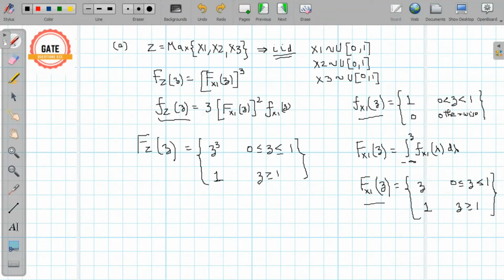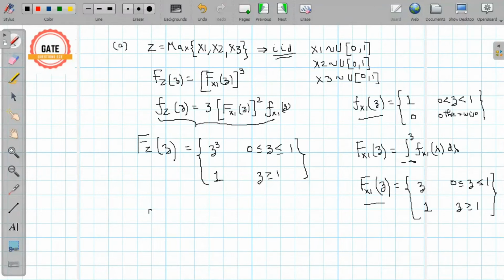Now similarly from this formula we can calculate the PDF of z. So it will be 3 times the CDF of x1 squared. So firstly we have to square this function and then multiply it with the PDF of x1.